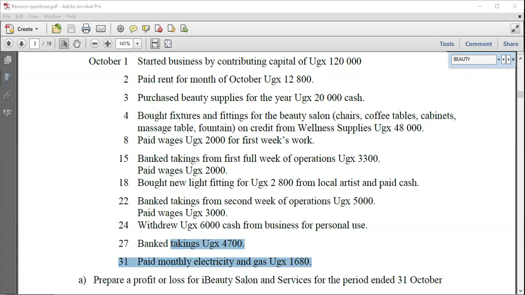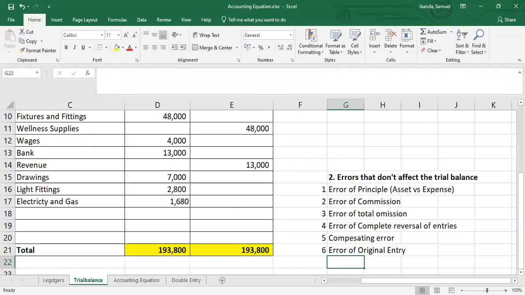You get it? Because we are preparing the trial balance from this information, but we are not even sure if this information is right in its own. So in case an error was made in capturing this information from the start, we regard it as an error of original entry, and it will not be detected by your trial balance.